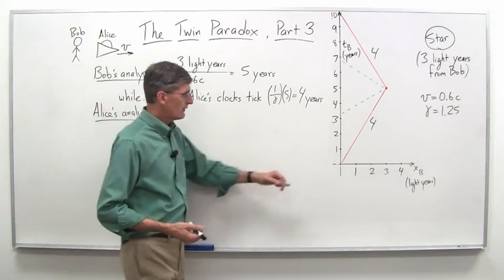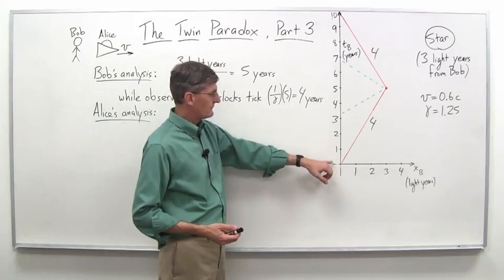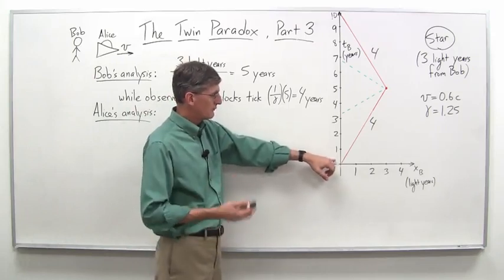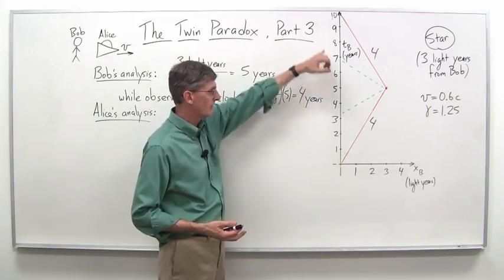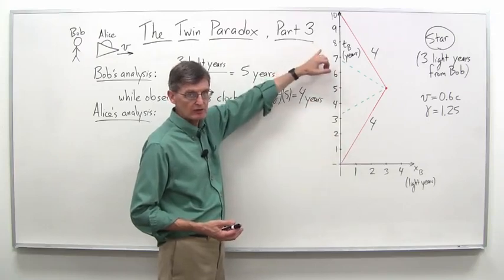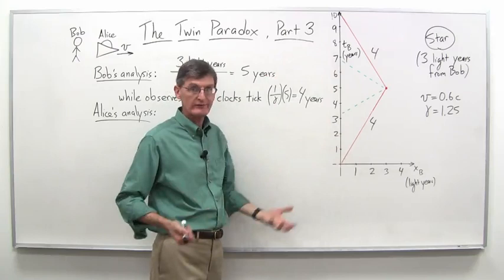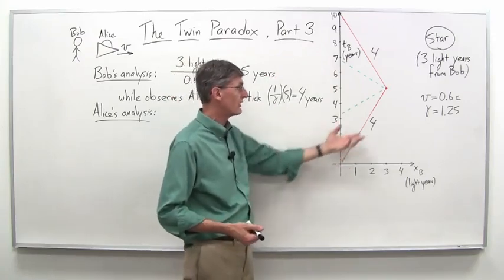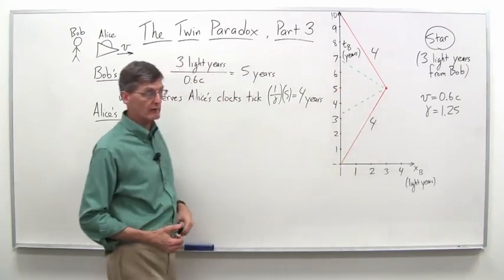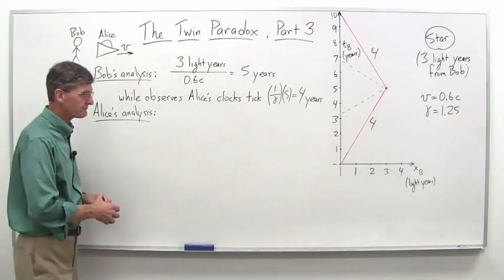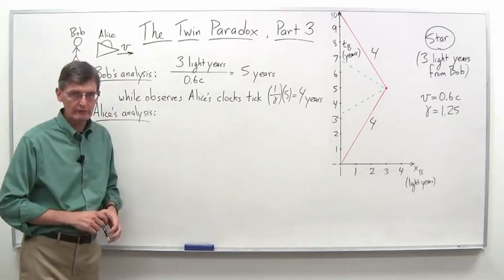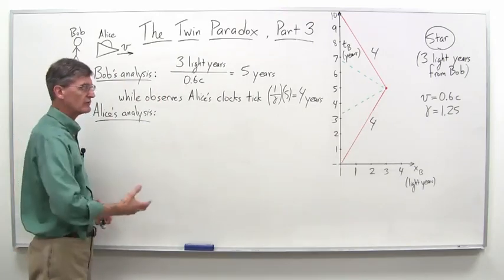In fact, only Bob, between the two of them, has the same reference frame throughout. He does not change his reference frame at all because he's stationary, as it were, whereas Alice does change her reference frame, as we've seen. So that's where the asymmetry comes in. And certainly acceleration and deceleration are involved there.